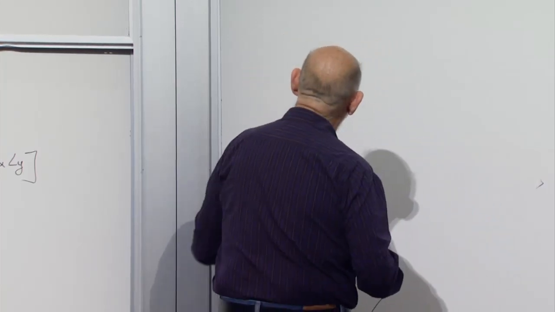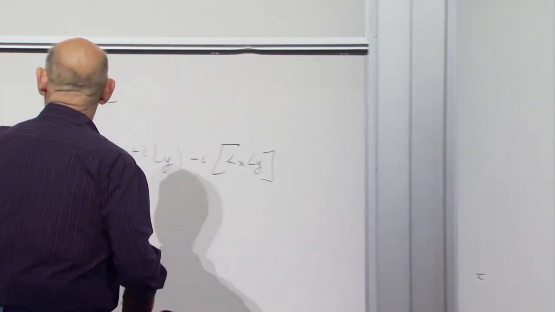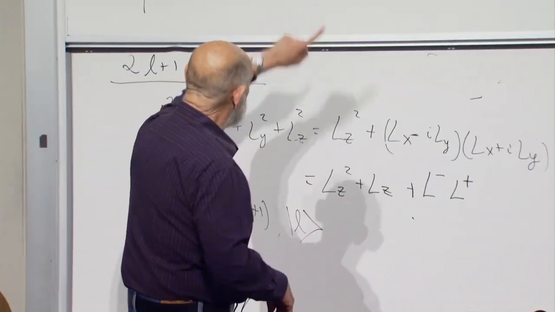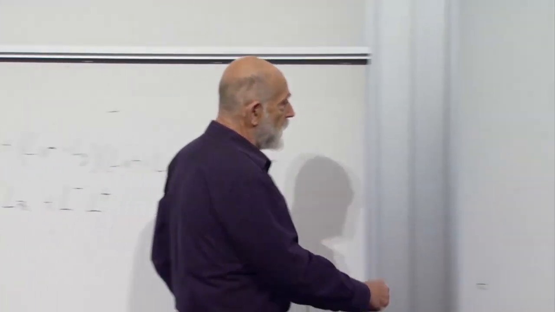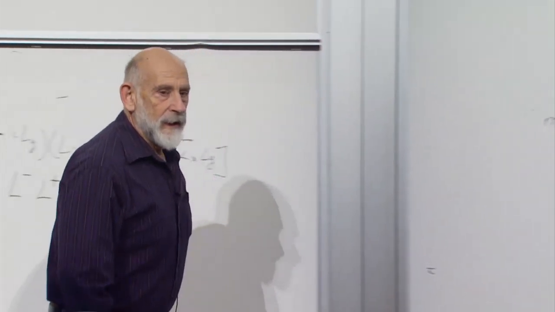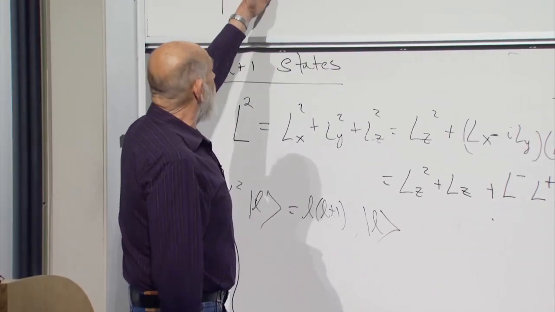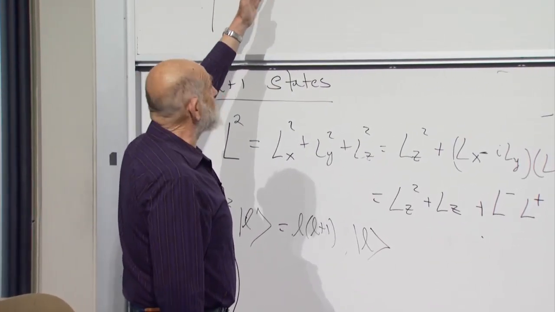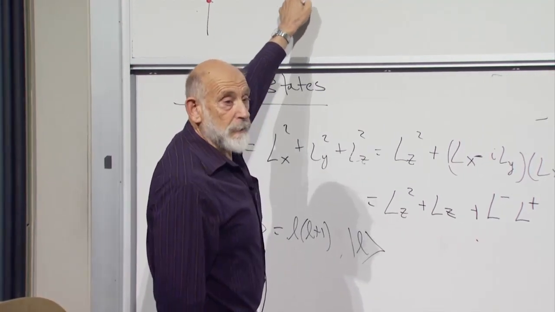They're functions, and what characterizes them? A value of m, the eigenvalue of Lz. So whatever they are, they're functions which have a little subscript m, and that's the z component, but they're also eigenvectors of L squared, or in other words, they can be characterized by a little L.